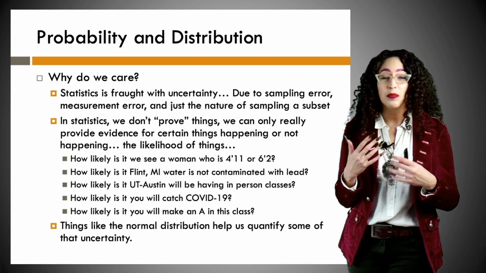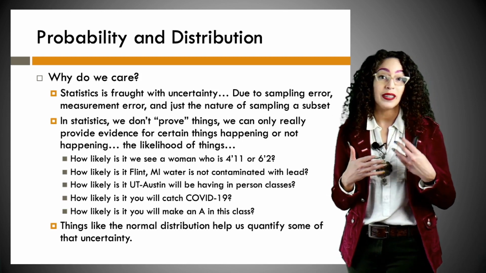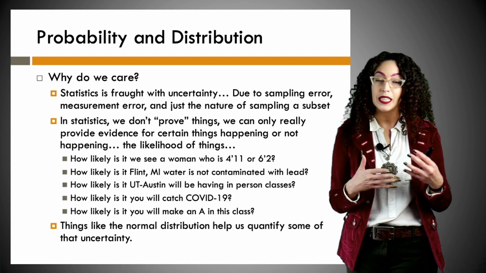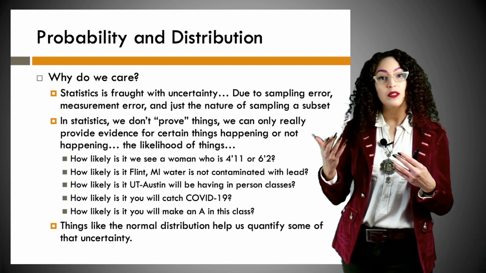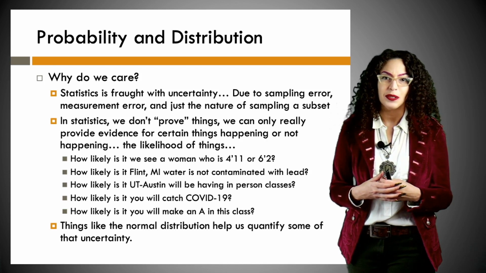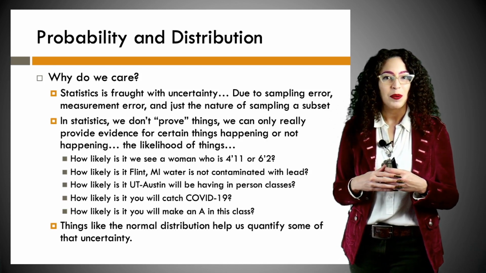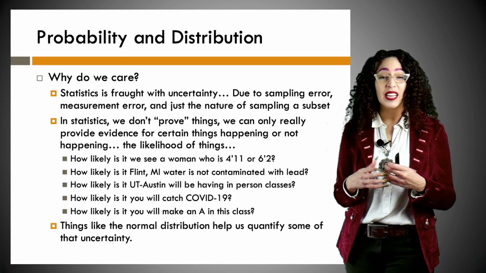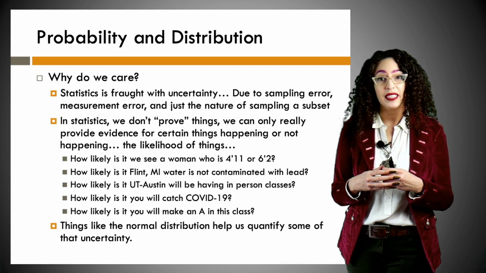In statistics, we don't prove anything. Really, we just can provide evidence for and try to quantify some of the probability associated with seeing certain things. So how likely is it that you see a woman who's 4'11" or 6'2"? That might not be of much interest to you because it's a lighthearted statistics example. But what about something like, how likely is it that Flint, Michigan water is or is not contaminated with lead?